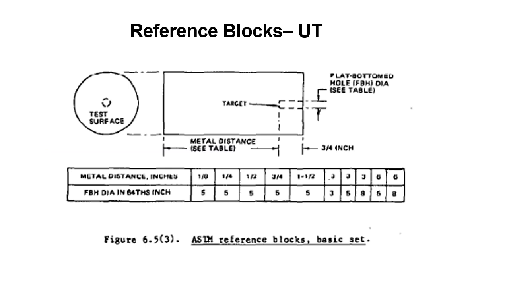Here's a reference block for UT, a drawing that I borrowed from Uncle Sam, vintage 1970s. But you can see that you've got variable sizes that you can make these.